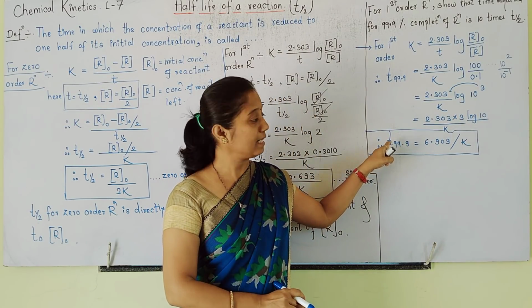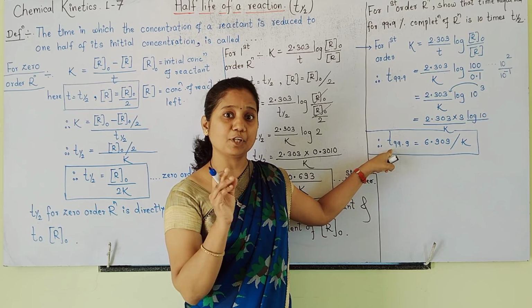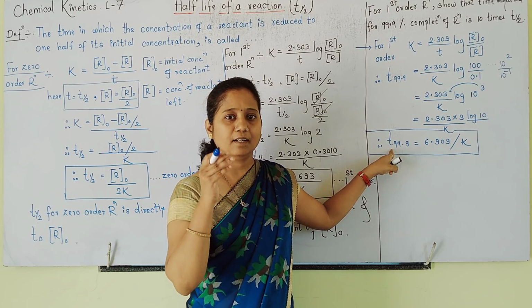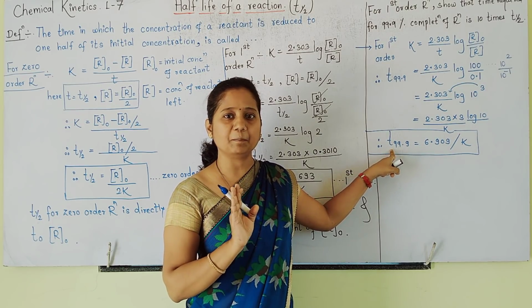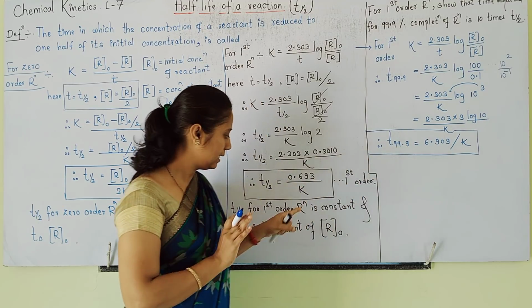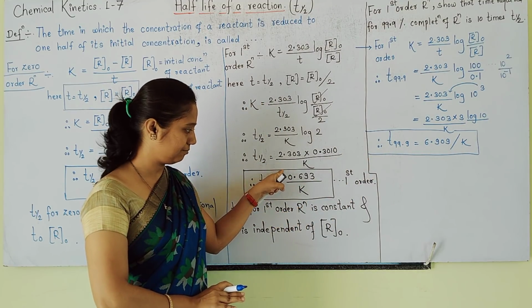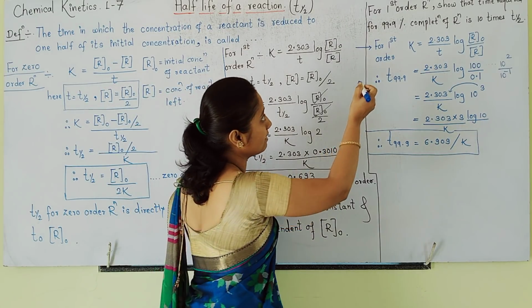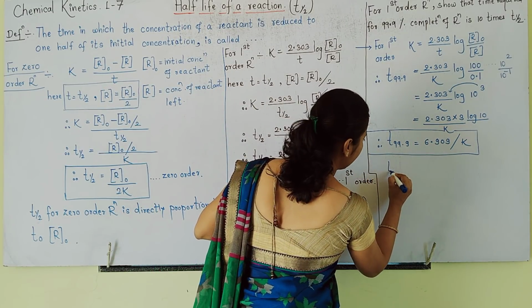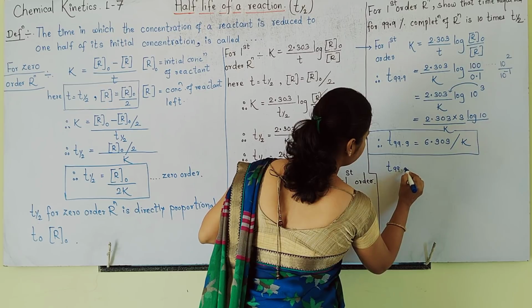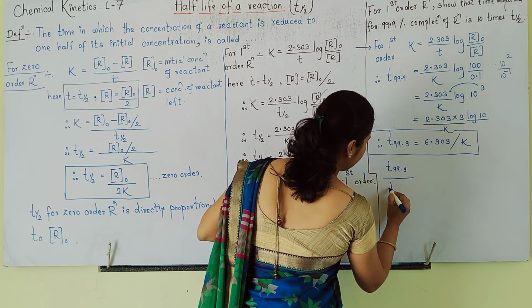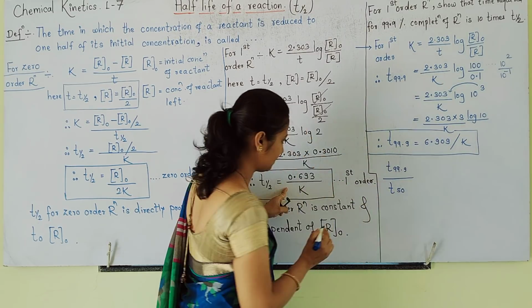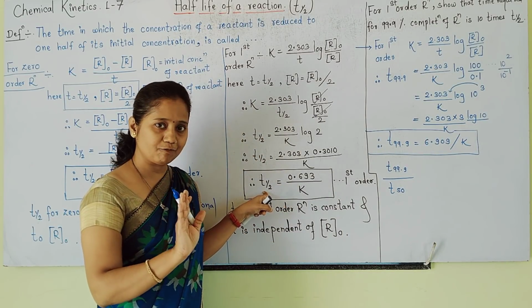We have to show that this time is 10 times the half-life, or the time required for 50% completion of the reaction. See here, we already know the T half equation. Let us divide T 99.9% by T 50%, where T half means T 50%.